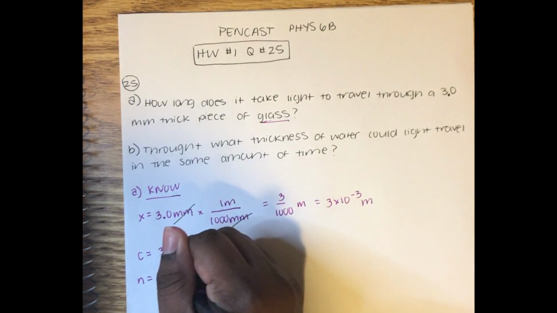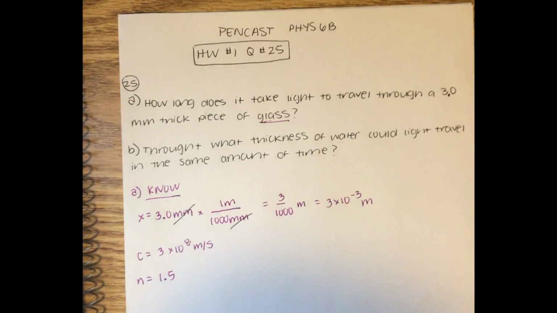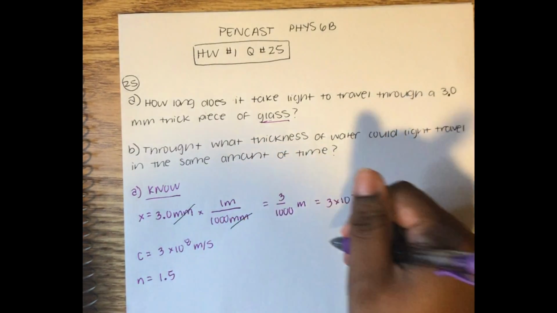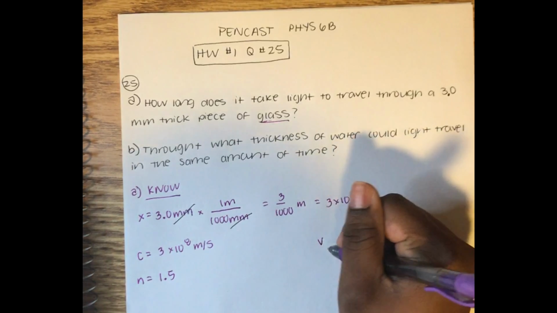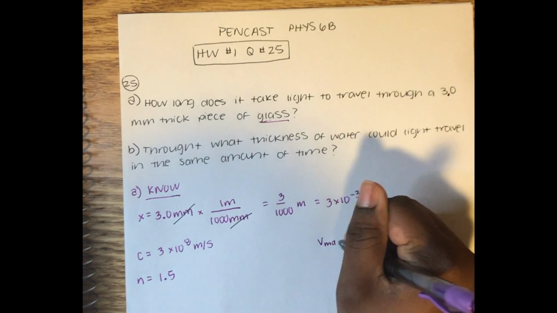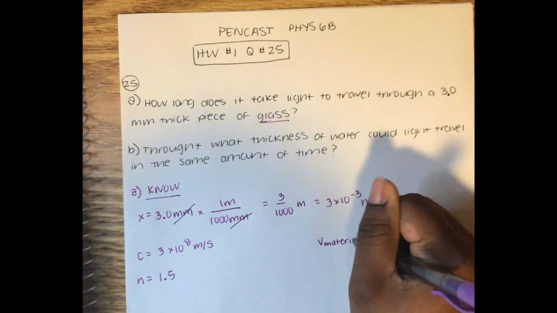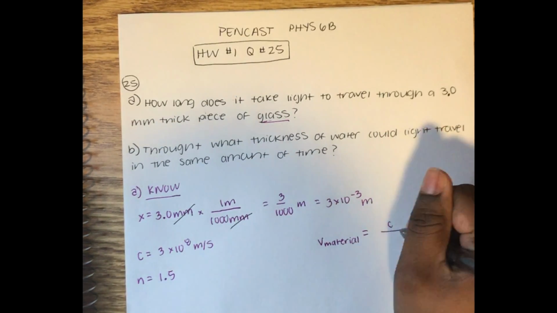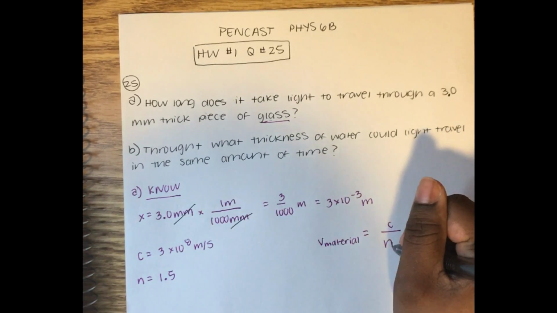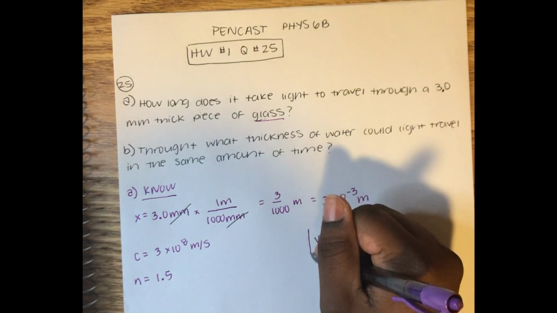And this unitless number tells us how many times slower a light wave would be in this material glass. So, the equation that we're going to use to find the speed of light in this material is V material equals the speed of light over the index of refraction.